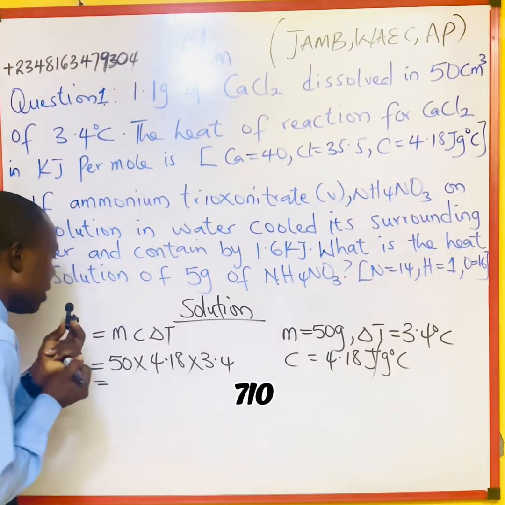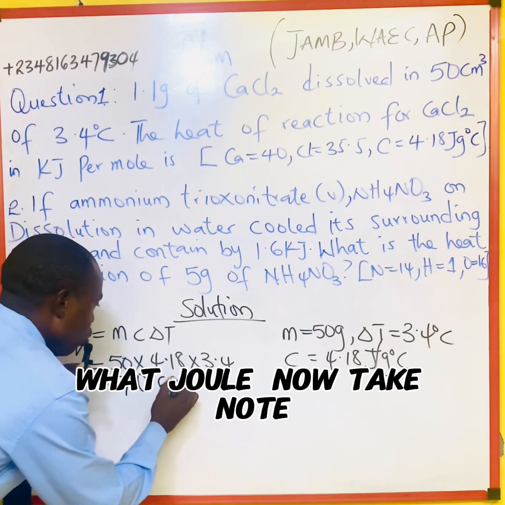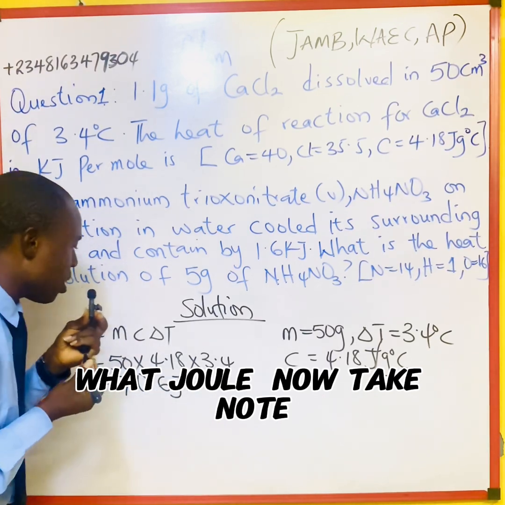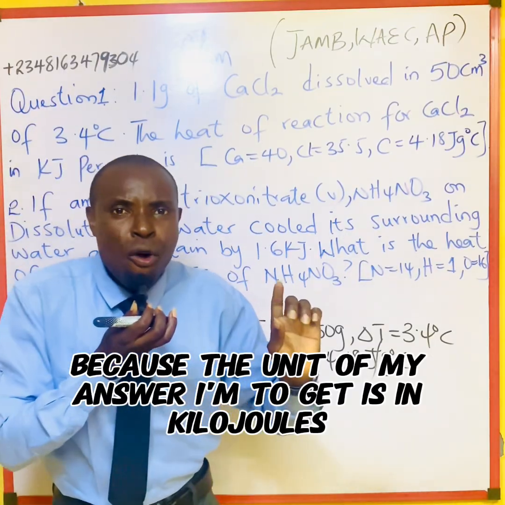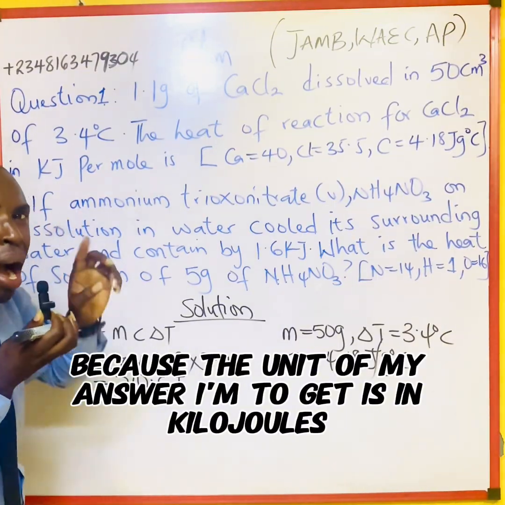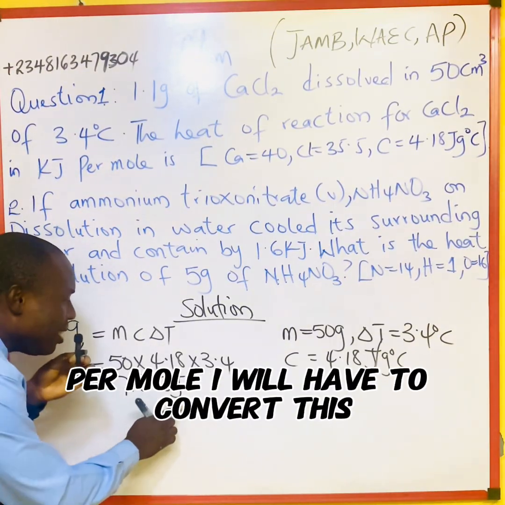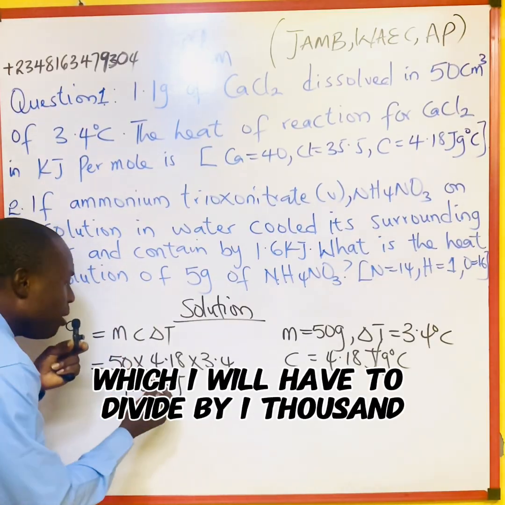710.6 joules. Now take note, because the unit of my answer I am to get is in kilojoule per mole, I will have to convert this joule I have here to kilojoule, which I will have to divide by 1000.